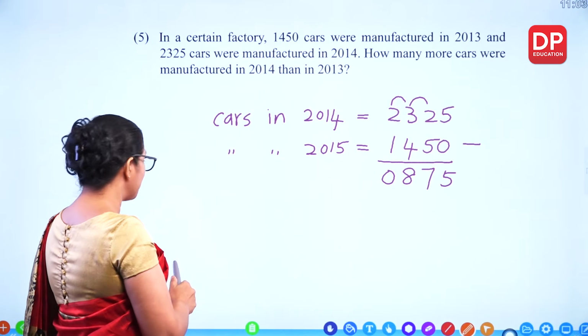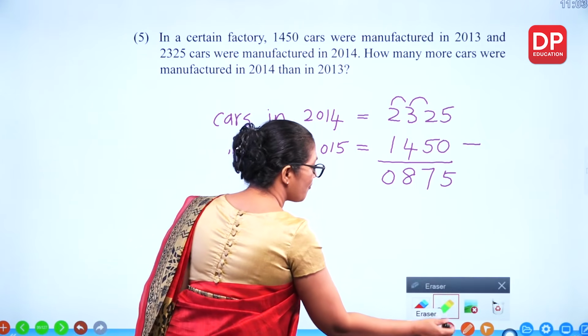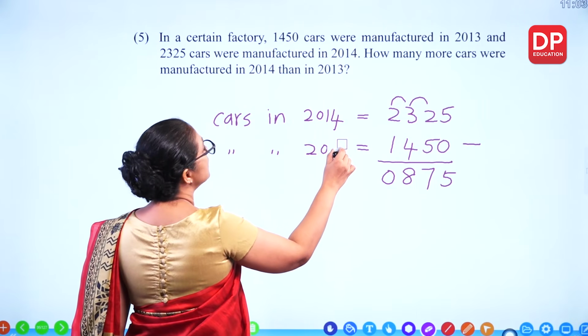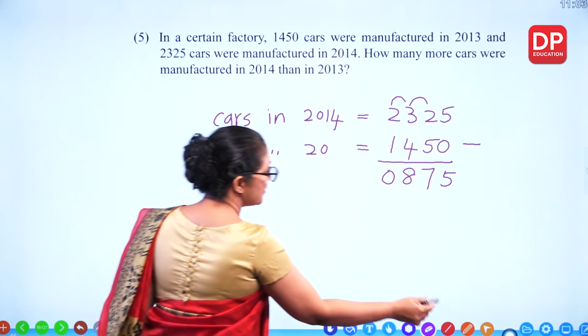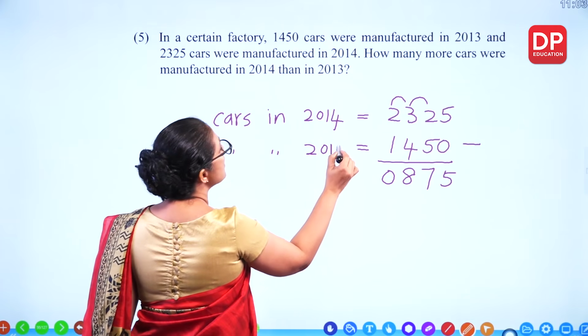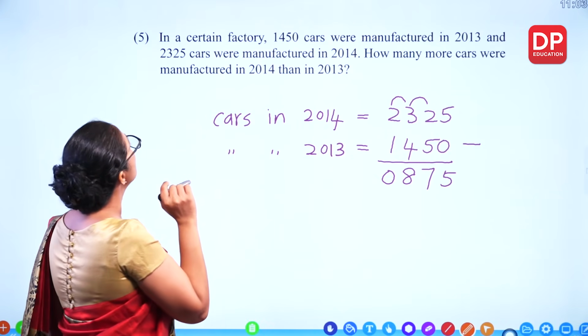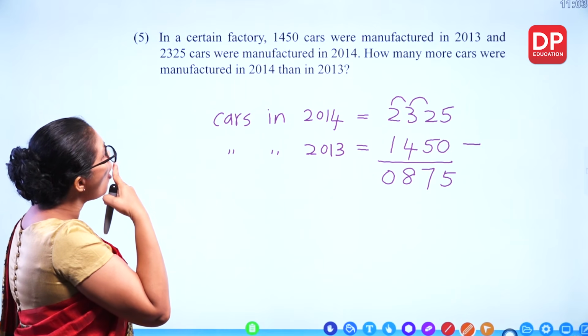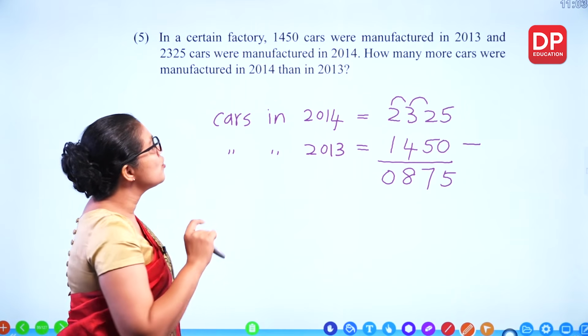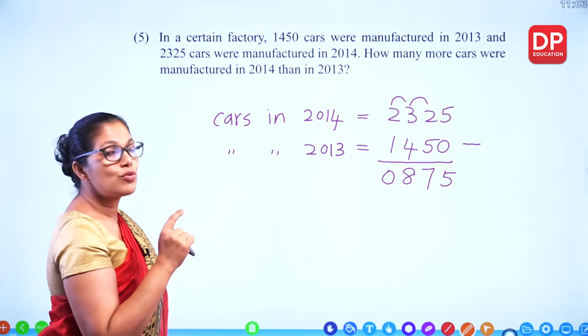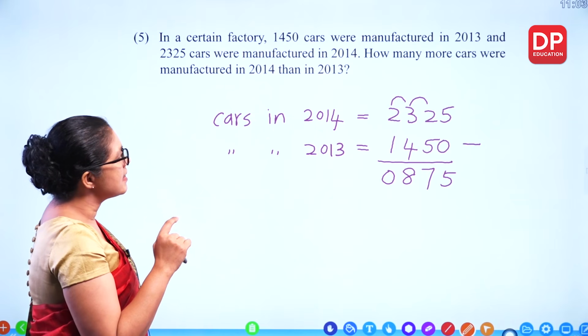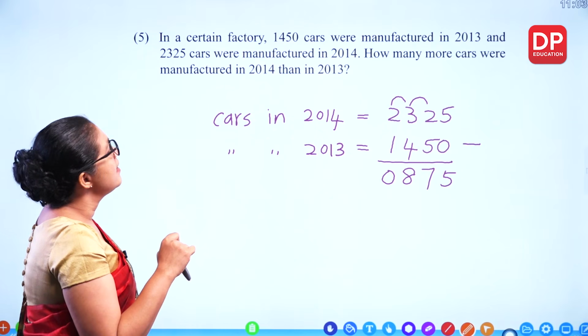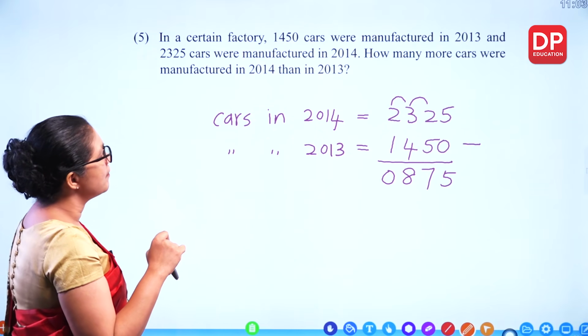What's the year given? 2013 and 2014. So, how many more cars in 2014 than 2013? That's 875.